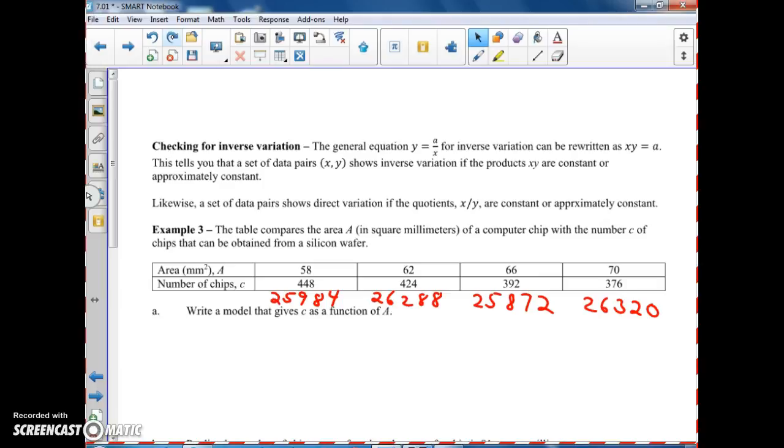Now we're doing the other thing, which is to divide. We're going to take X, 58, divided by Y, 448, and write those on the top of this table. I think we rounded it to 3 decimal places. We don't have to get an exact answer. It's an approximation. So go do that. Take the top number divided by the bottom number, X divided by Y, and write those at the top.